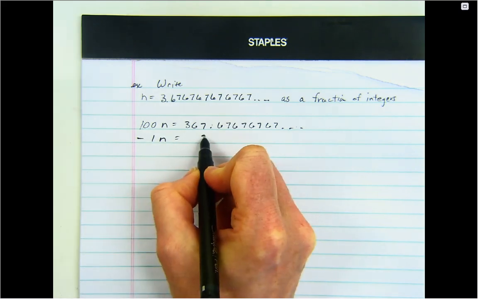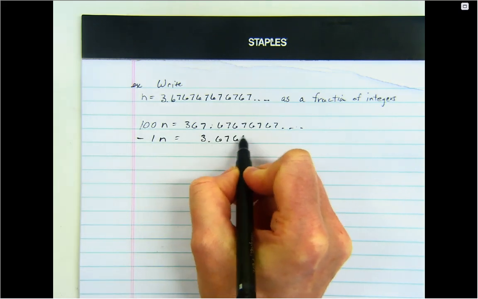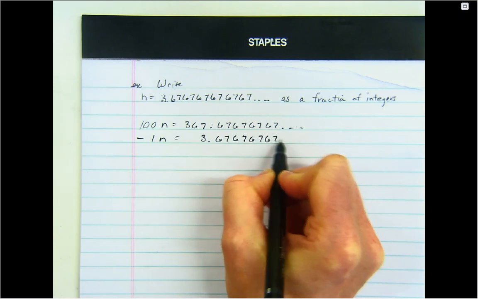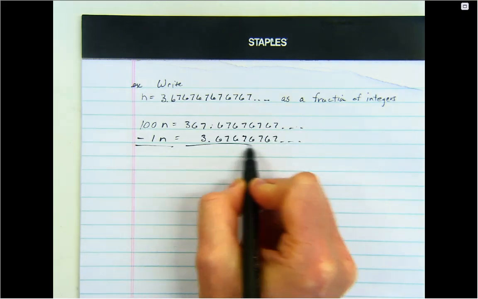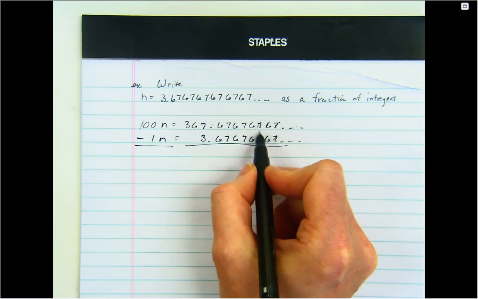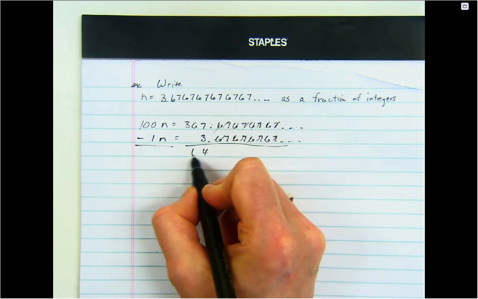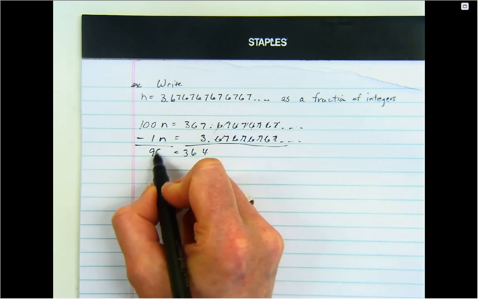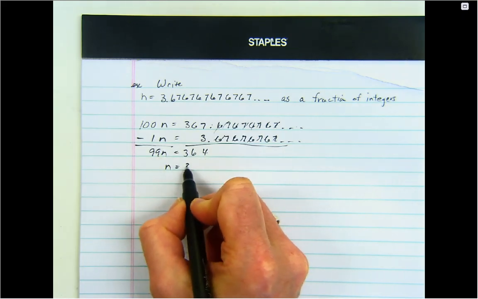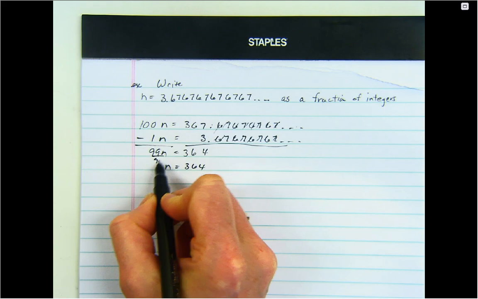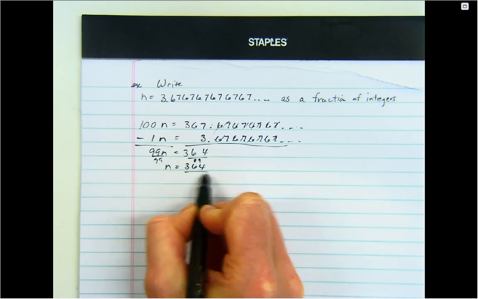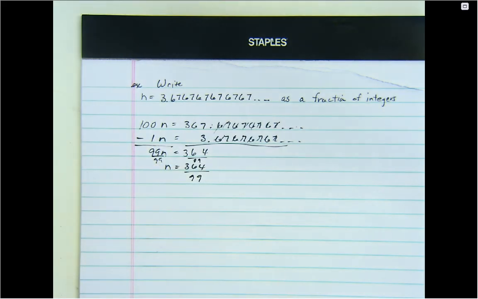Put the smaller value on the bottom. And if you multiply correctly, your repeating 6 sevens line up. The last step is to divide out the 99. So you should have gotten 364 divided by 99.